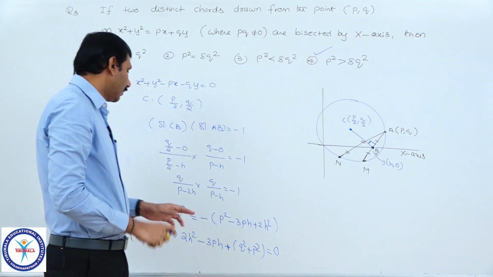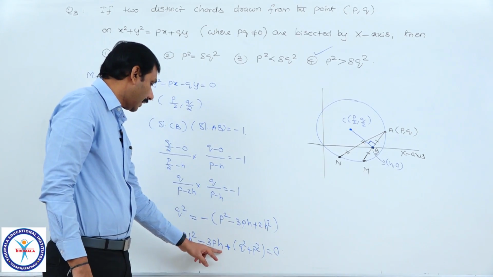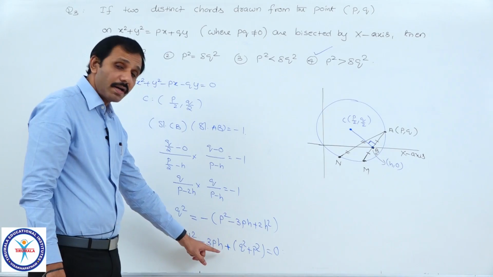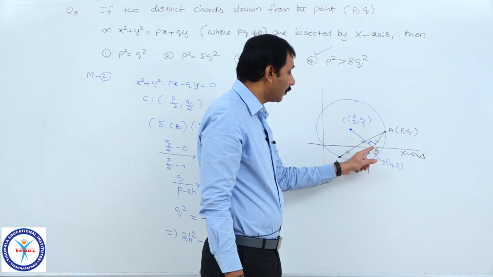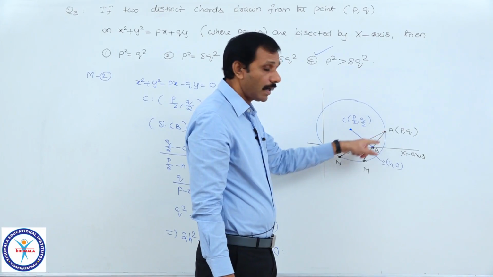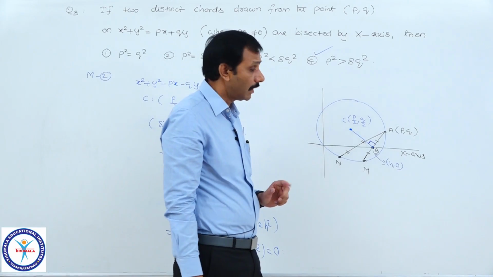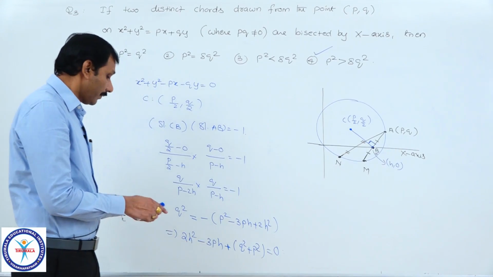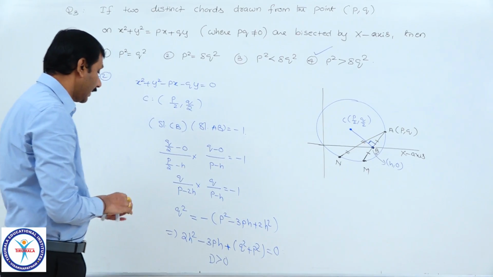It is a quadratic in h, but how many such values of h must exist here? 2 values, because B is the midpoint of the chord, and because 2 distinct chords are drawn, we must get another value of h. That is possible only when this equation has real and distinct roots. Therefore, for this equation the discriminant is greater than 0.